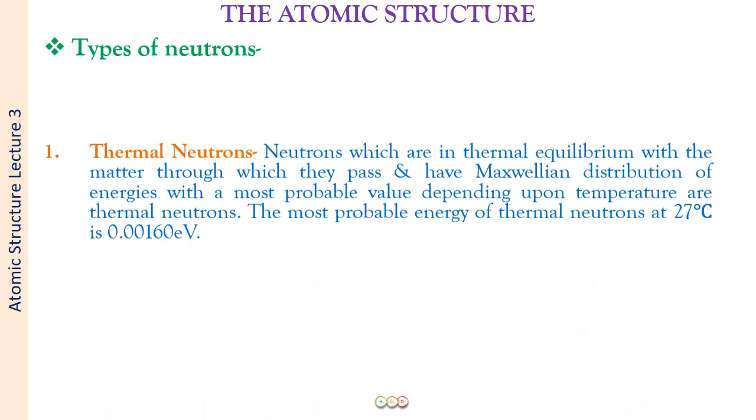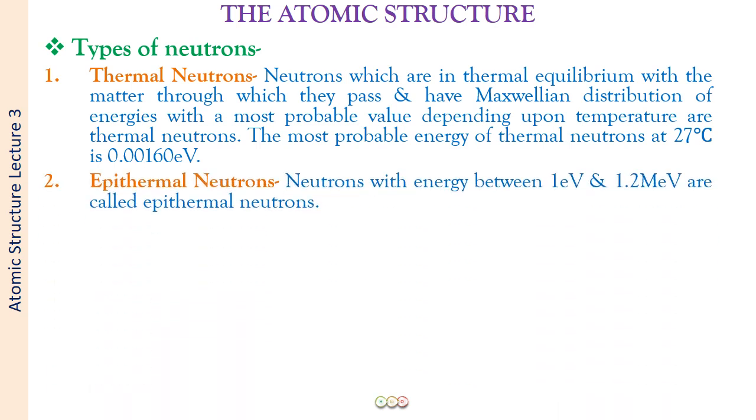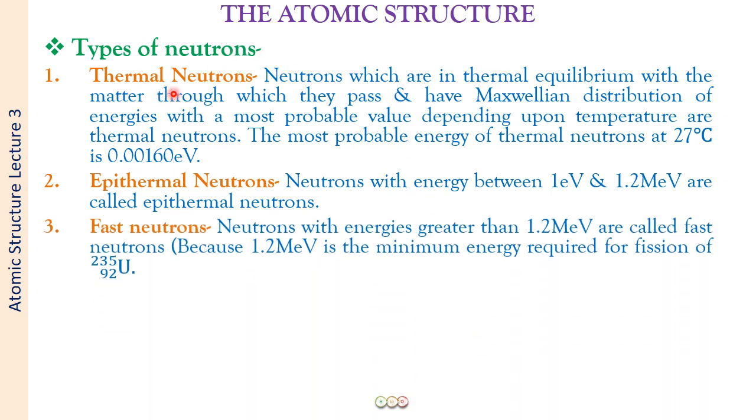Then we have the types of neutrons. This is basically based on the energy they have. So first we have the thermal neutrons, then epithermal neutrons, and then fast neutrons.